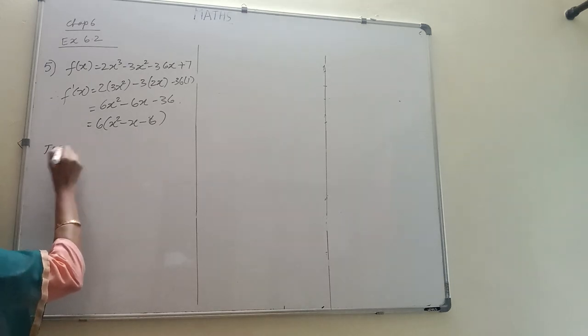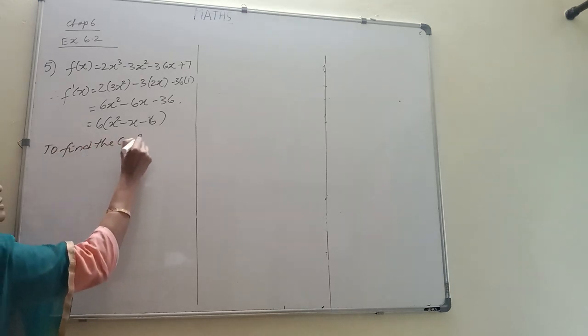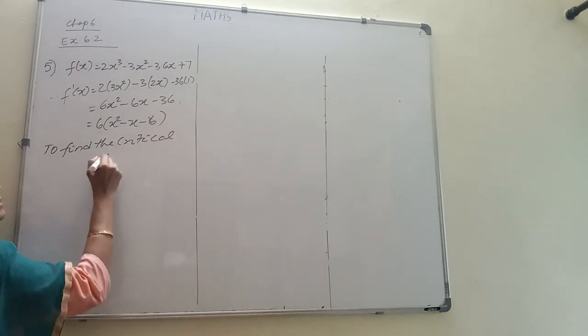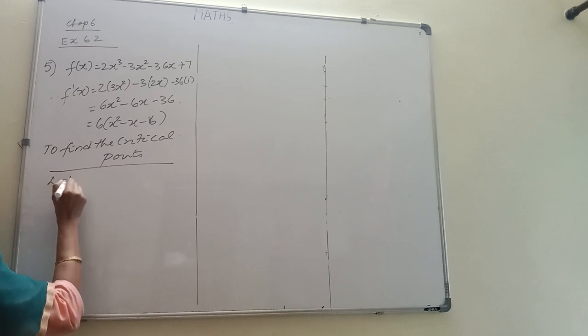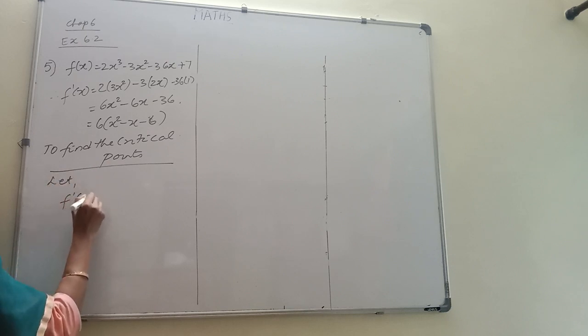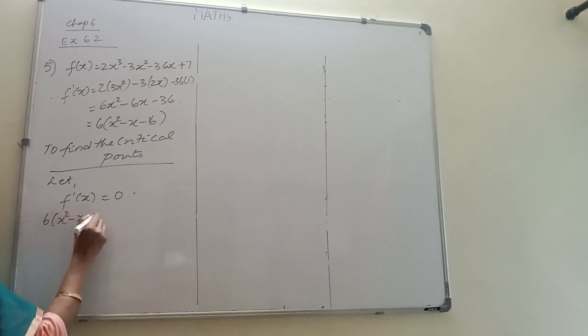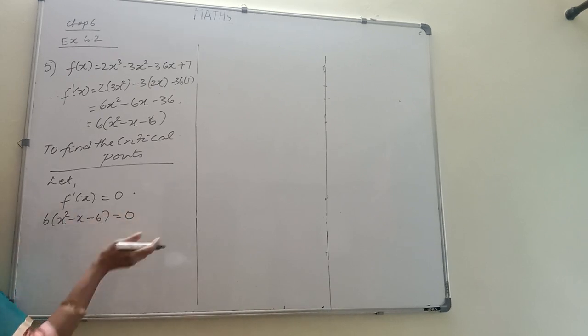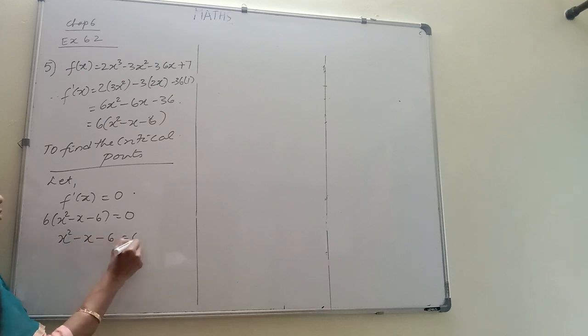Now, as we did before, to find the critical points, because we don't know the interval, let f dash x be equal to 0, which is 6 times x squared minus x minus 6 equal to 0. 6 can go on the other side. x squared minus x minus 6 equal to 0. Minus 3 plus 2 would be good.